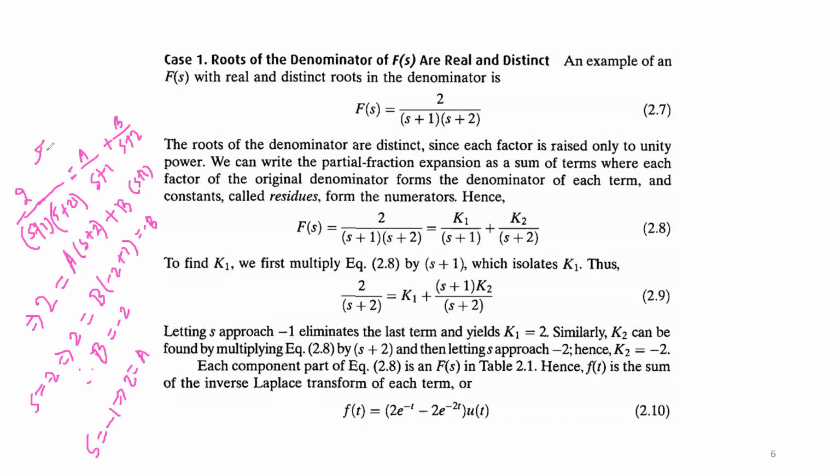So this can be written as 2 by (s+1)(s+2) is equal to 2 by (s+1) minus 2 by (s+2).